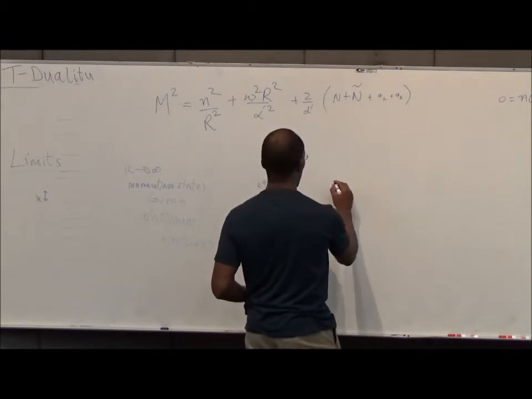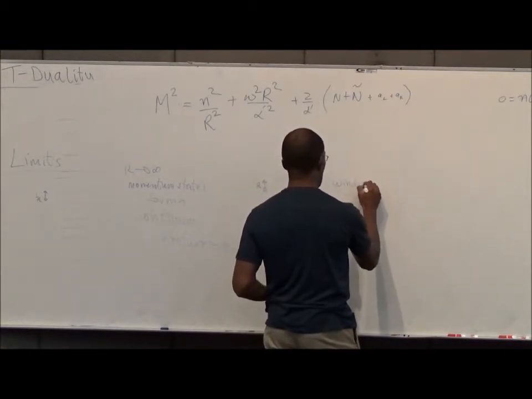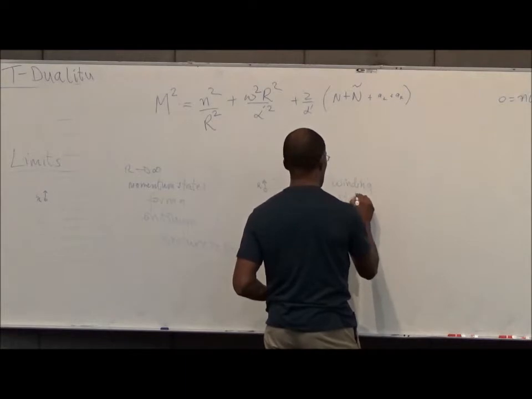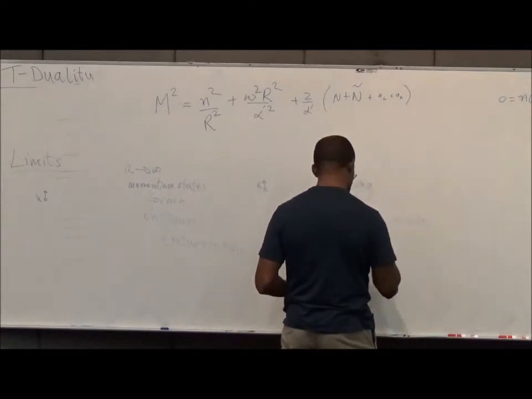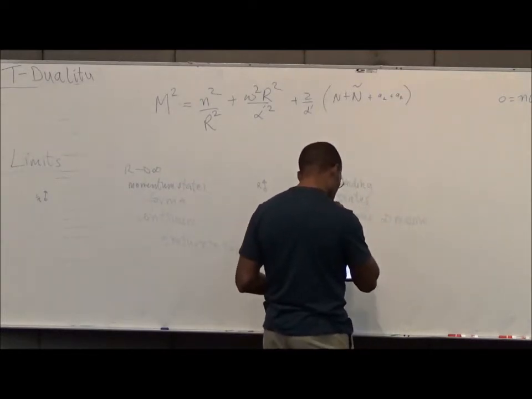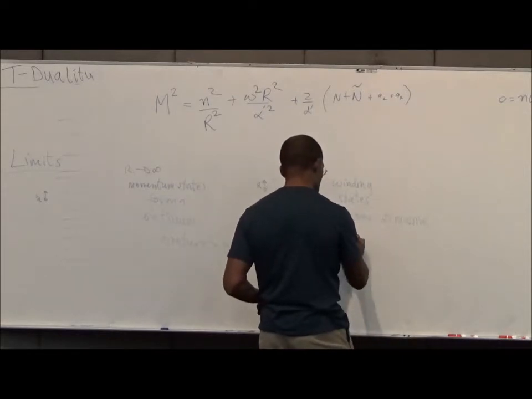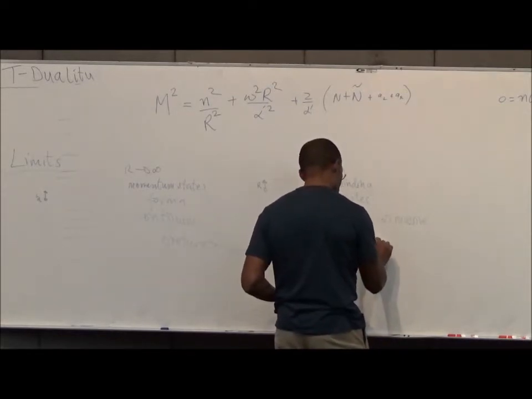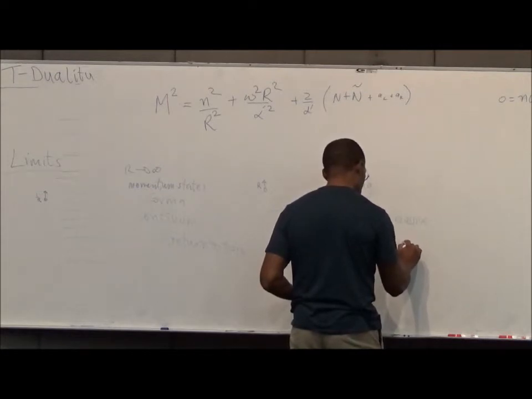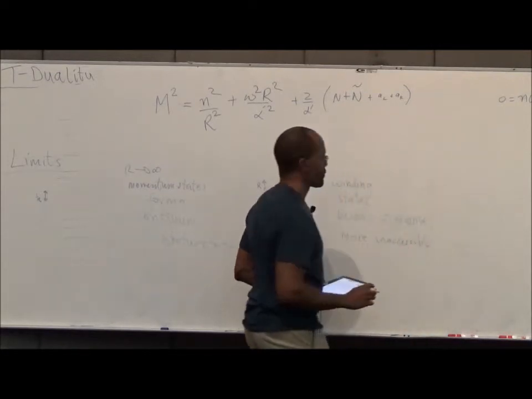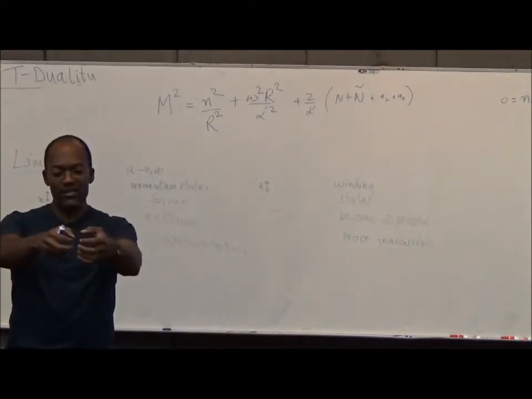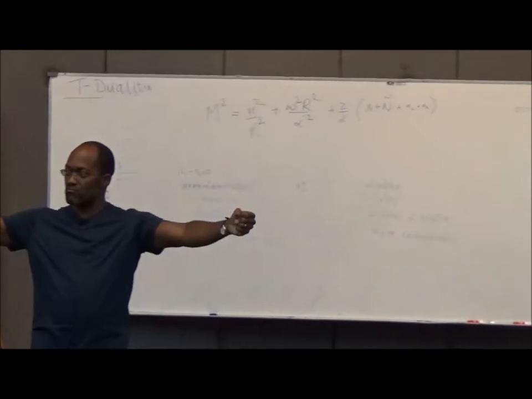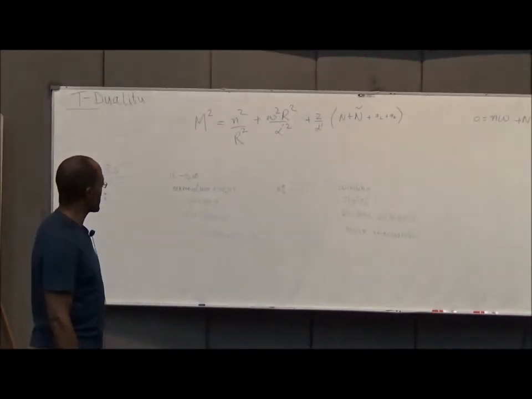Right, so the winding states become infinitely massive, and more and more inaccessible. And so that's completely reasonable. As I take the circle to be very large, I should end up back where I started.